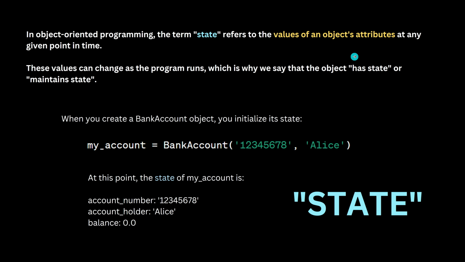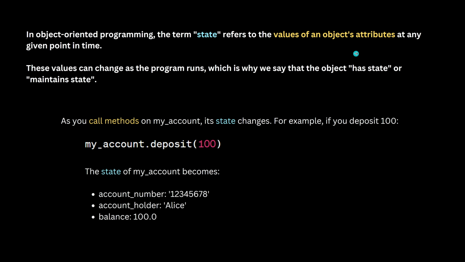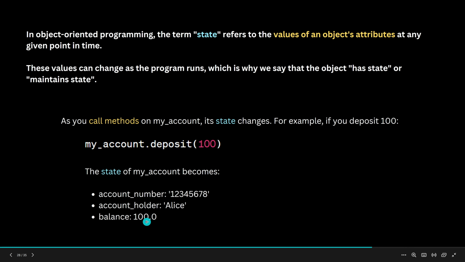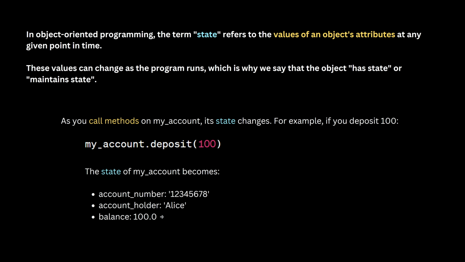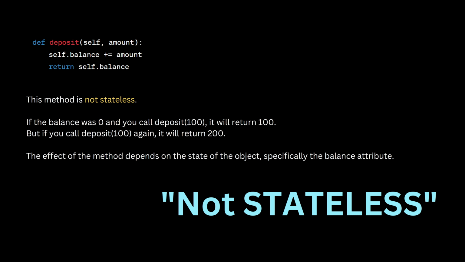Beautiful. A state can change. When we have methods like withdrawal, or if we pay some money into our bank account, the values of the attributes can change. If we say my account deposit 100, our balance will change from 0 to 100. So a specific object has state or maintains state. It is not stateless.